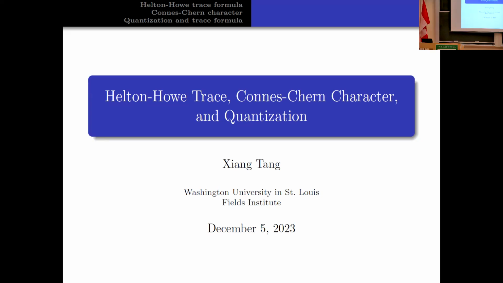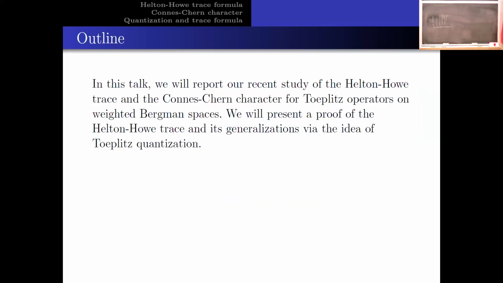If we have just one single object, it's hard to study it, but if we put them into a family, then maybe we'll have a better chance to understand the geometry and to detect more information from this classical object. Okay, so let's start.